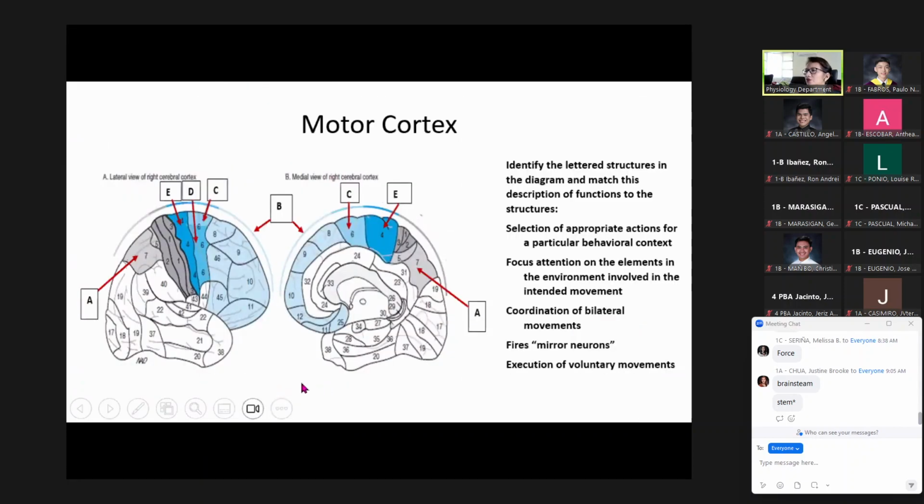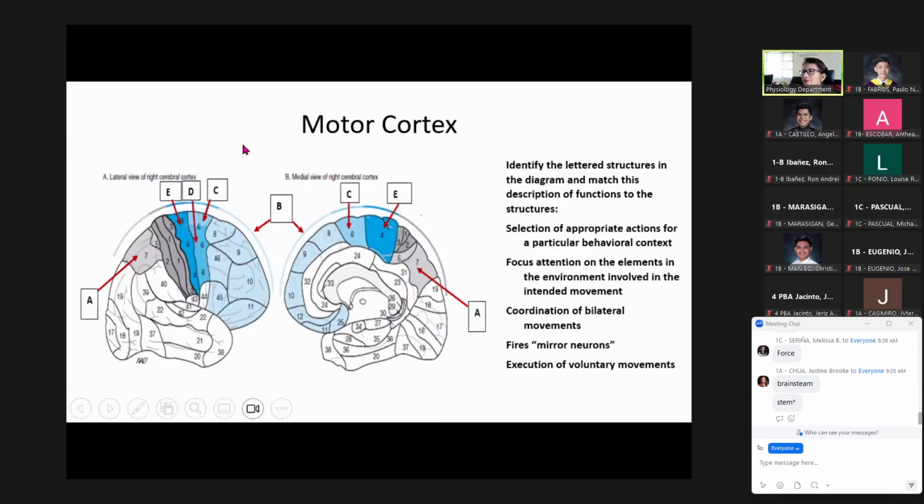And then I also told you to identify the different parts of the motor cortex. So you have A, B, C, D, E. These different parts of the motor cortex will have different functions.